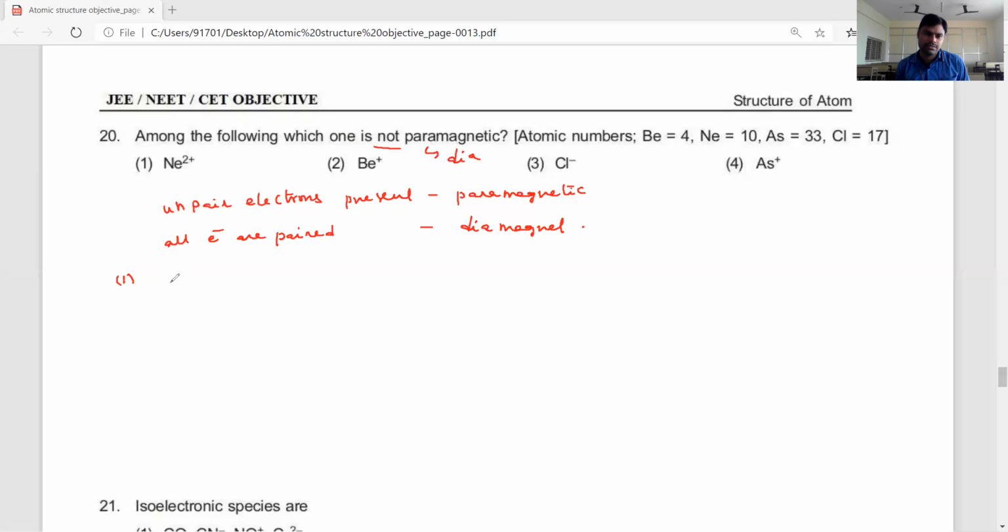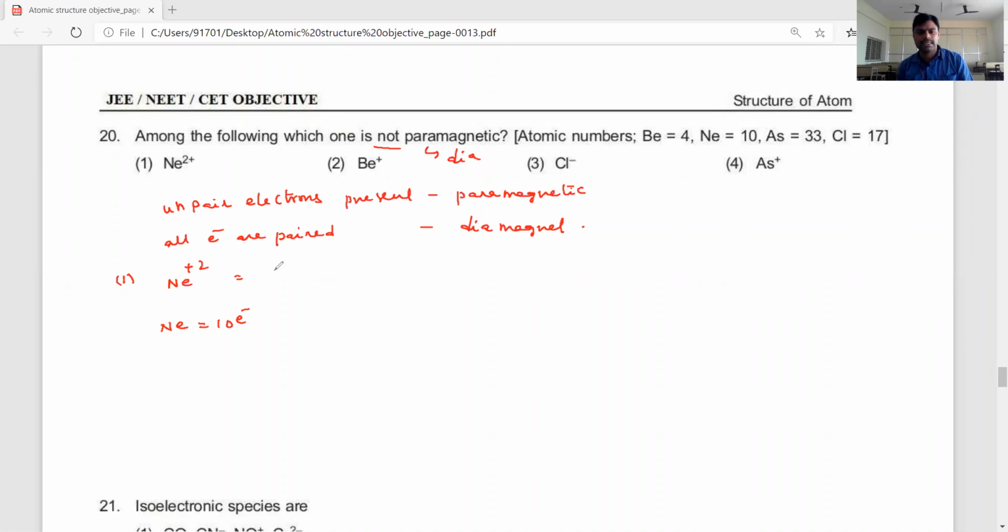Let's see the first one, Ne2+. Neon has 10 electrons.